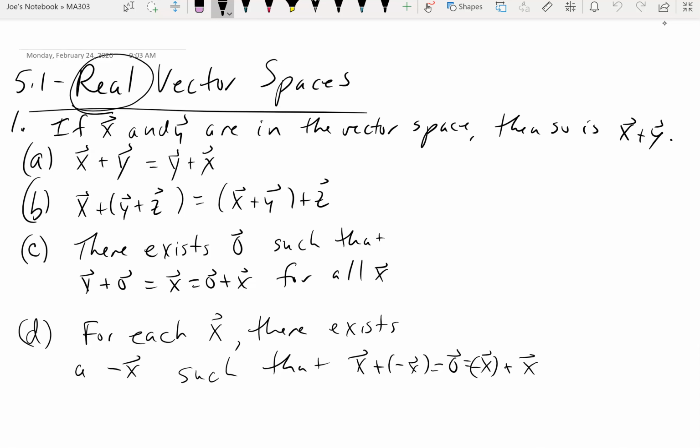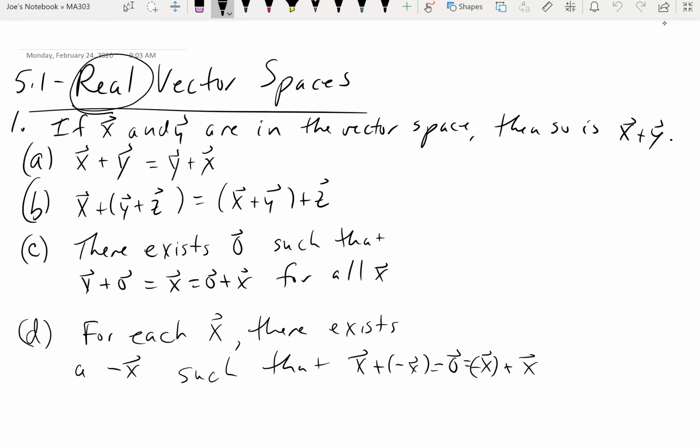They're going to use the word addition, but it doesn't matter what the word is. However they've defined the operation, you're just going to play with the operation on both sides and see if you get the same answer. Okay? So these two are relatively straightforward to check. These two are a little bit more challenging because you have to go find something. Okay? It's not just a matter of plugging into the formula. You got to look at the formula and figure out what you need.